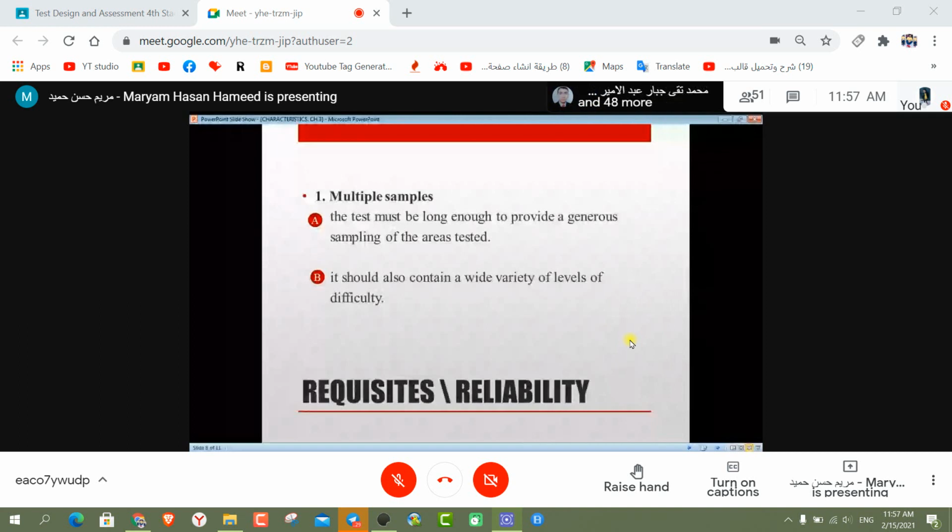Yes, multiple samples. The more samples of the students' performance we take, the more reliable will be our assessment of their knowledge and ability.